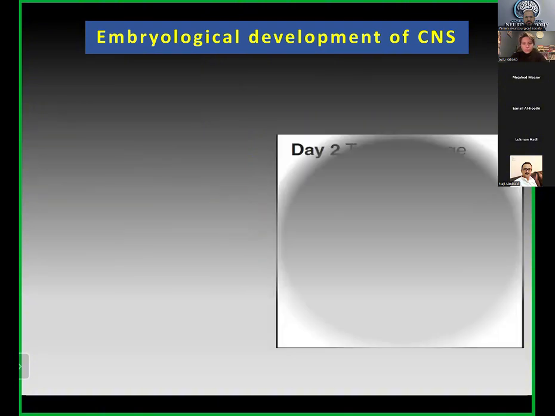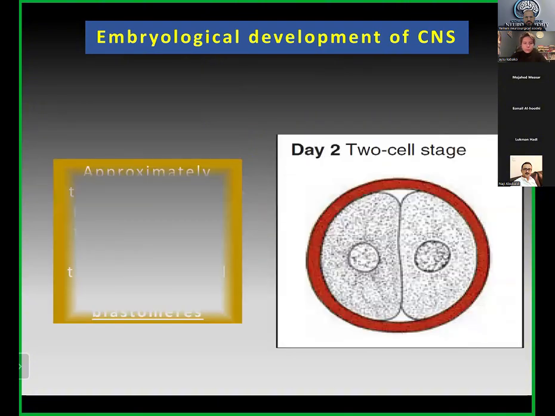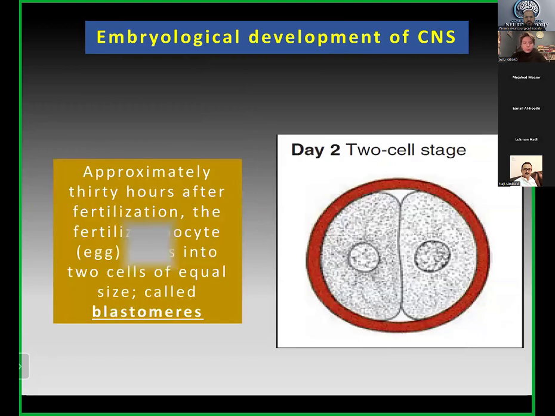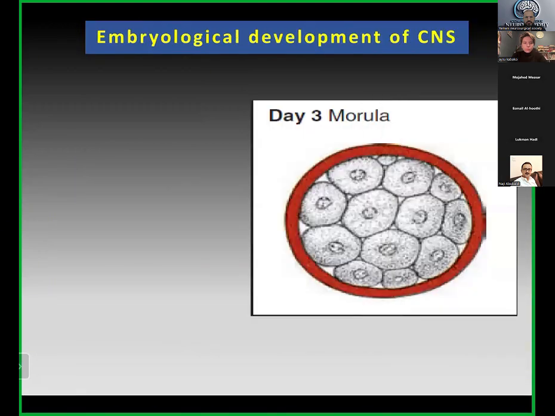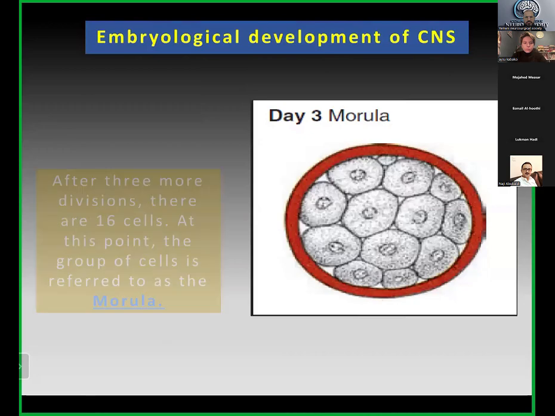After that, this fertilized oocyte is divided into two cells. The two cells undergo multiple divisions to form about 16 cells, which is called the morula.